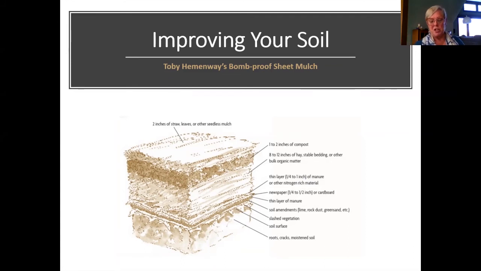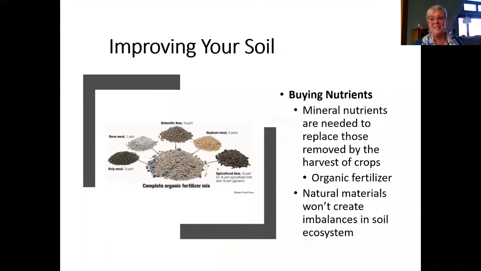You can just literally plant right through this. So if you've got some plants that are pretty difficult, with the exception of Bermuda grass, if you want to replace a lawn or parts of a lawn or just have a big weedy area, this is a great way to approach that and improve your soil all at the same time.